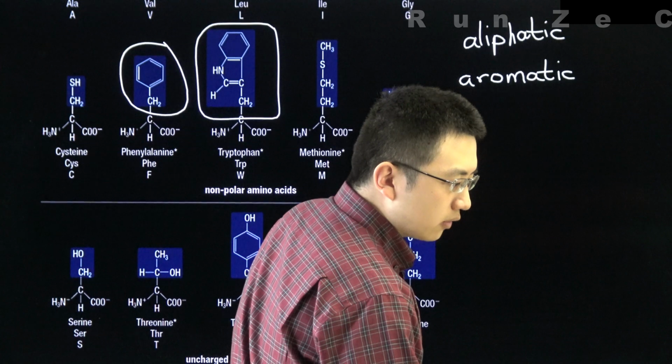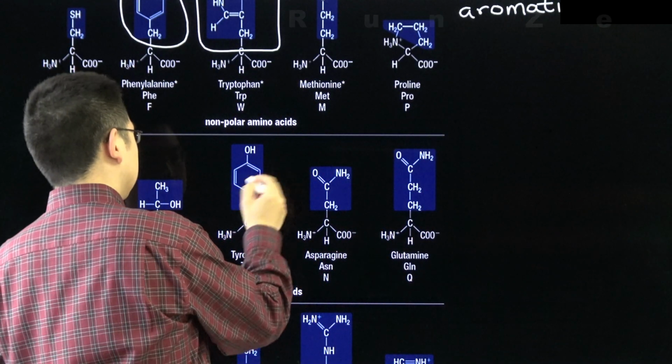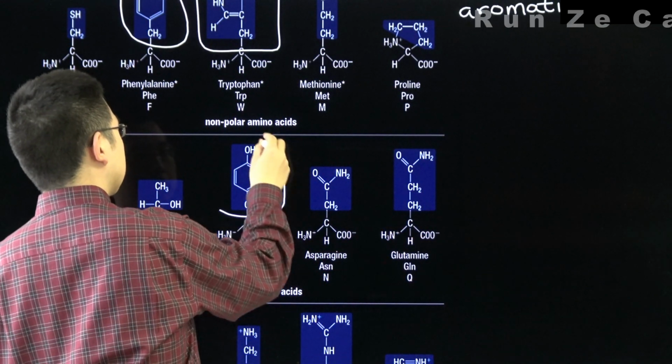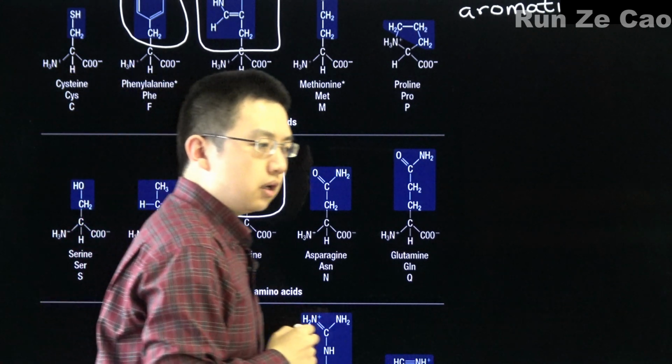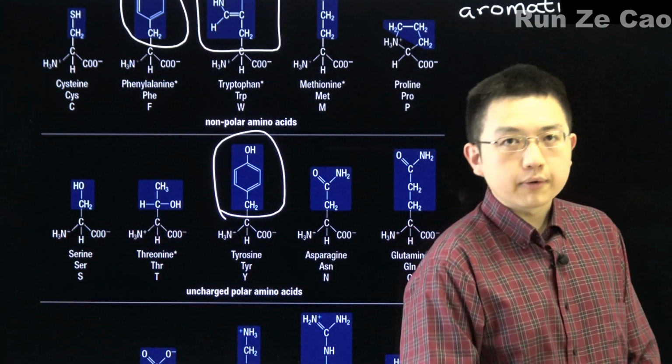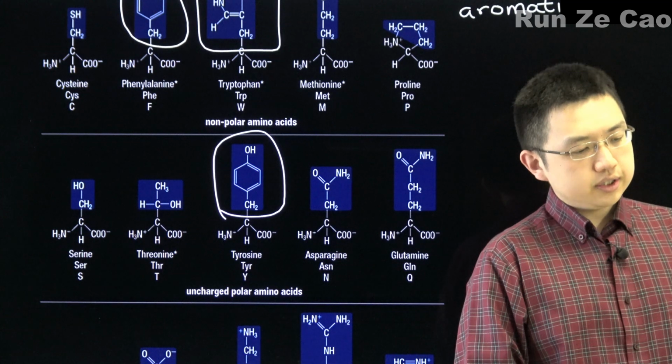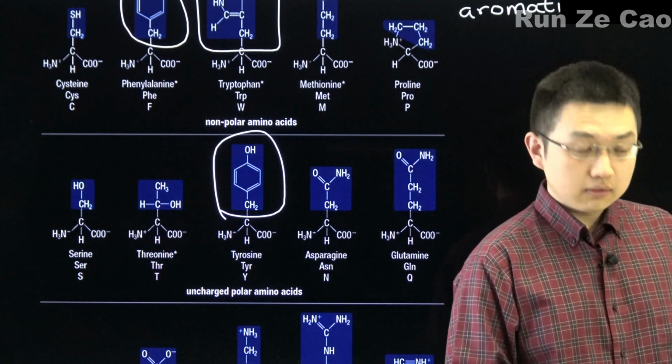Now, that actually overlaps a little bit with a polar amino acid. See here, there's a benzene ring here. Benzene rings have special chemical properties, which we aren't going to go over yet.